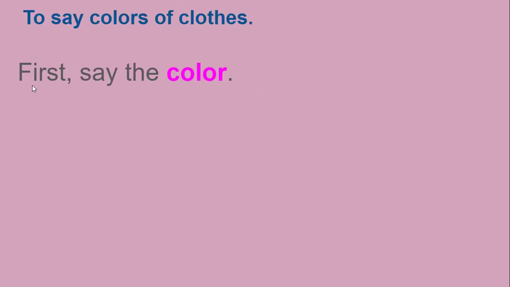So first, you need to say the color. For example, is the clothing item red, blue, green, black, whatever? So first, say the color of the clothing item or the color of the clothes.